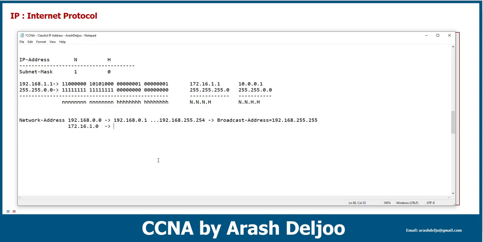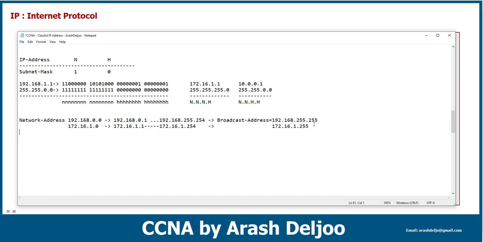After that we have the host addresses, for example 172.16.1.1, until we reach 172.16.1.254. After that, the broadcast address is 172.16.1.255. We used 1 in all of the host bits.